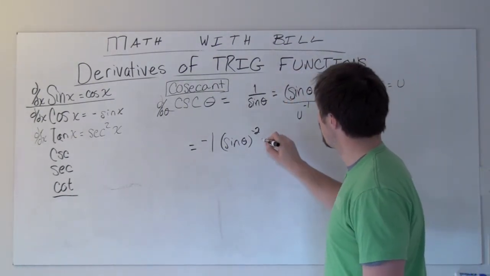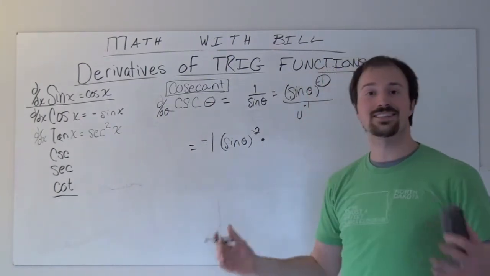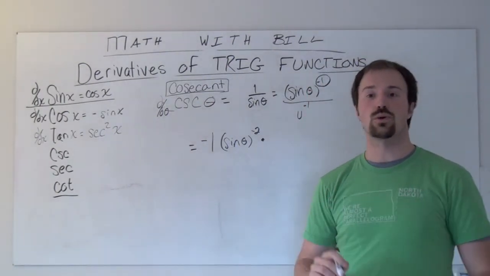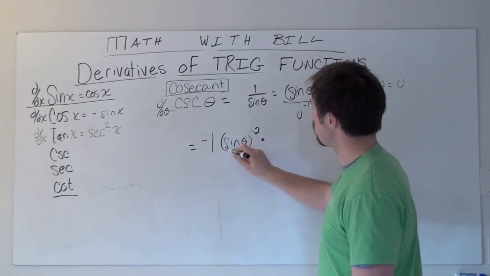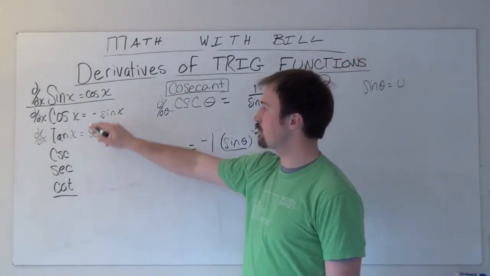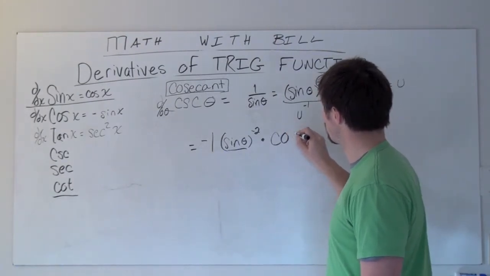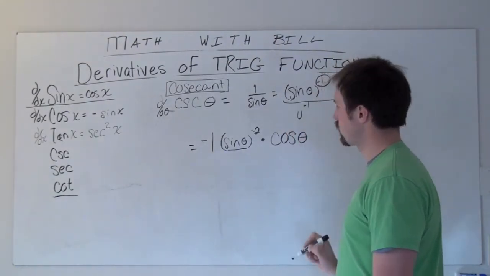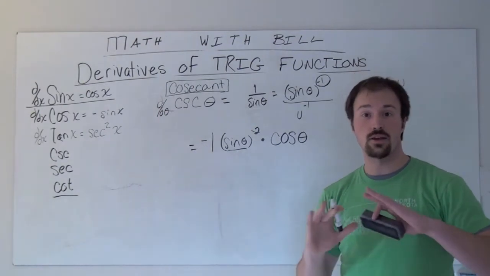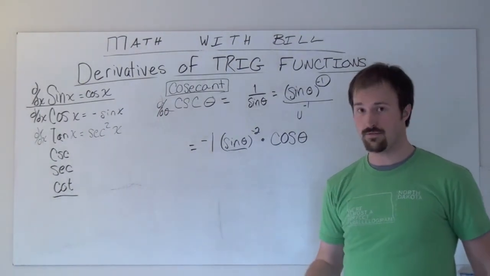And then we multiply this by the derivative of what's inside. The derivative of sine, which we established in a previous video, is cosine. So at this point, we're done. There is no more derivative to take.